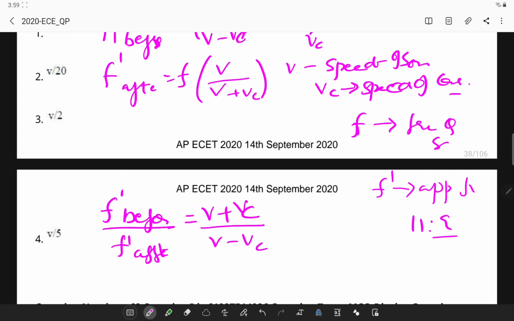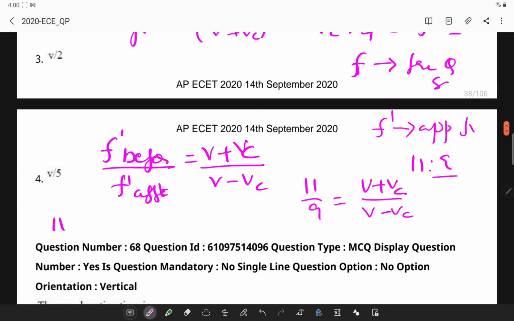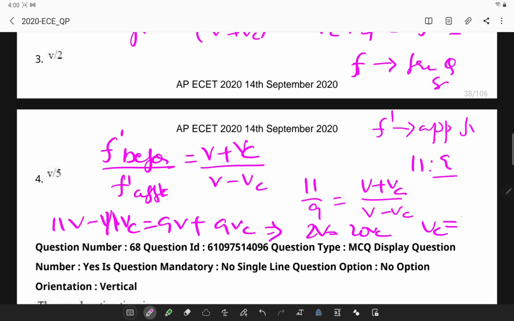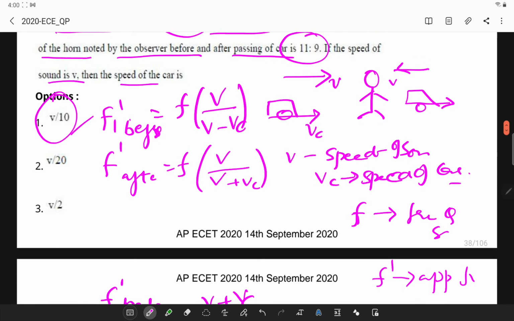So if I substitute it, 11/9 is V plus Vc by V minus Vc, or if I cross multiply, 11V minus 11Vc is equal to 9V plus 9Vc, or 2V is equal to 20Vc, or Vc is equal to V by 10.